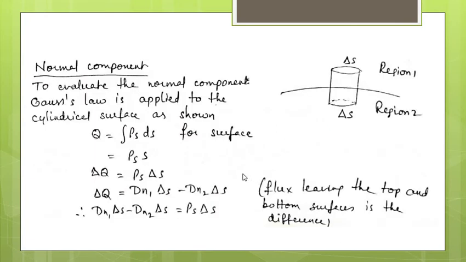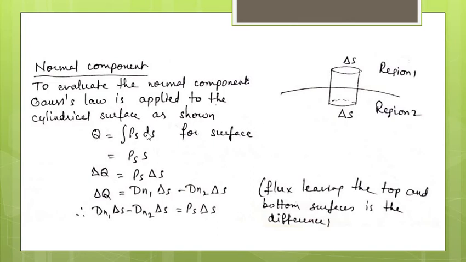To evaluate the normal components, we can use the Gauss law, and this is the diagram. This is region 1, that is dielectric 1, and region 2 is dielectric 2. Here we need to consider a closed surface integral. So I have taken a cylinder. The surface area is delta S on both sides.